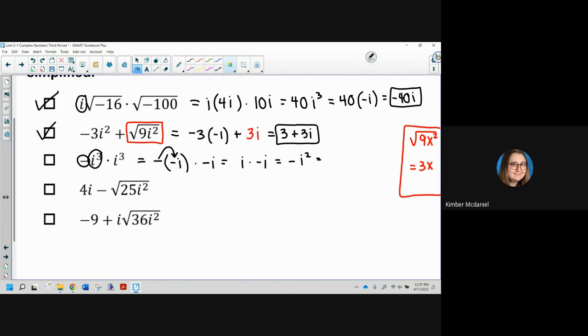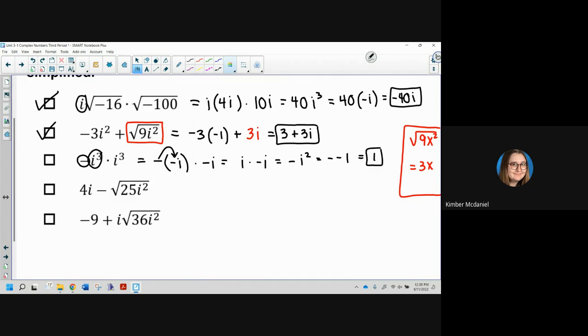What is i to the second equal? Negative 1. So we're going to replace i squared with negative 1. So we have negative negative 1, because you got to keep this negative that's in our problem. And i squared, like Brittany said, is negative 1. And this is going to equal positive 1. Real or non-real? It is real. So are we going to check it? No.